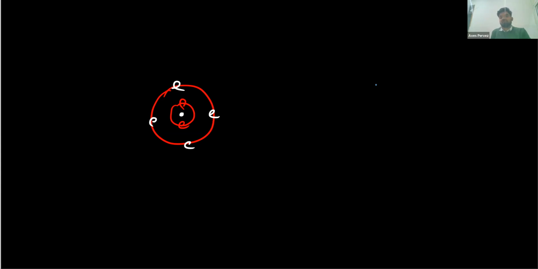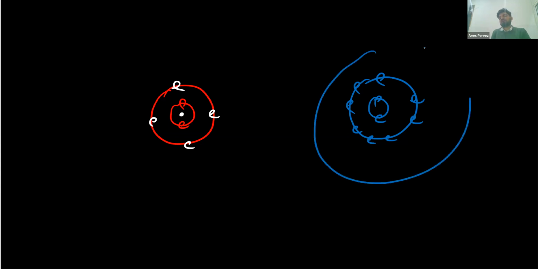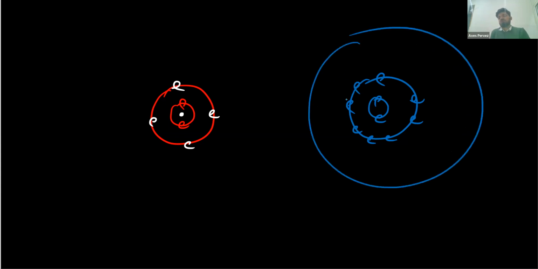It has 2 electrons in the first shell, 8 in the second shell, and the next 4 in the other shell. Since silicon is larger, its electron configuration is 2, 8, 4, while carbon has 2, 4 only.